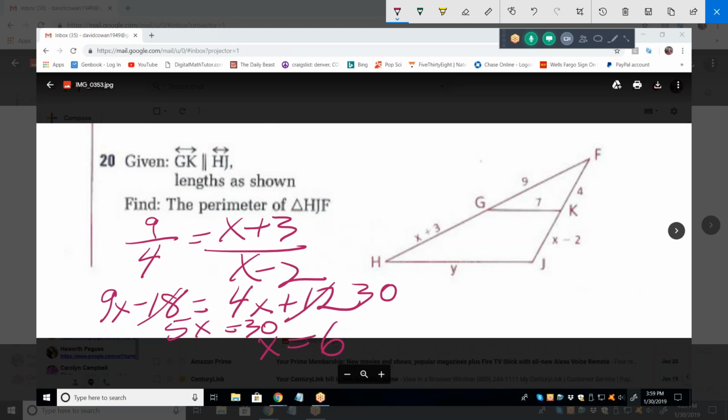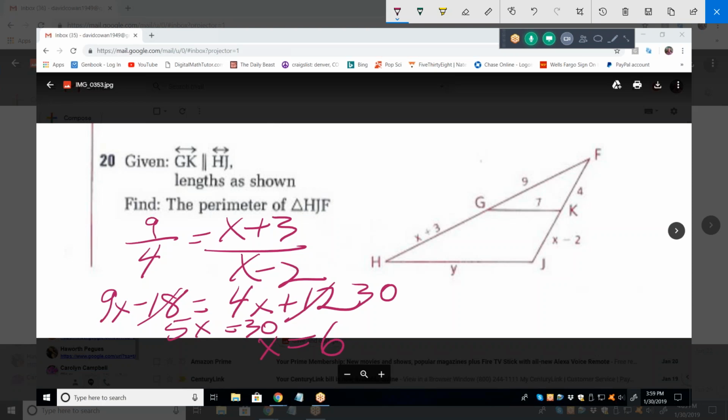I want to say that it's 14 because it's just double 7, but we don't know if it's a midpoint. In fact, if that is not a midpoint, then it is not 14. The way that's a midpoint is if it's 14. However, think similar triangles. Which two triangles are similar?